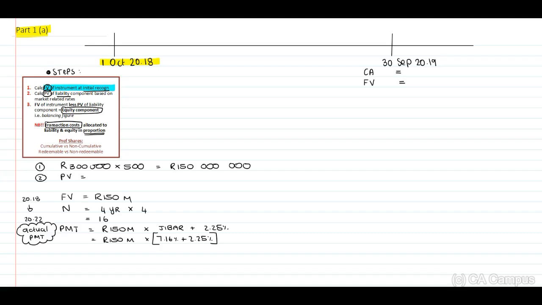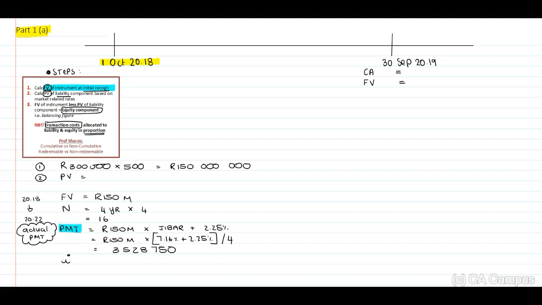Yes, and the payments will be quarterly. Therefore, divide this by 4. And this will be an amount of 3,528,750.